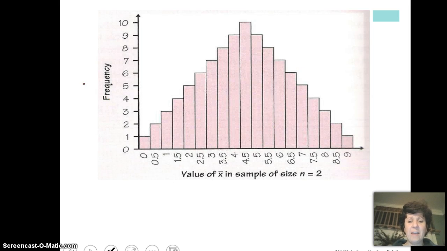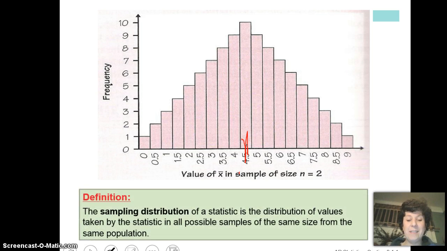And if we graph that, of course, we're going to get this histogram with 4.5 as highest and the 9 and the 0 on either end. Now, is this a normal distribution? No, it's approximately normal, but not that close to normal. Just because it's mounded and symmetric doesn't mean it's a normal distribution.